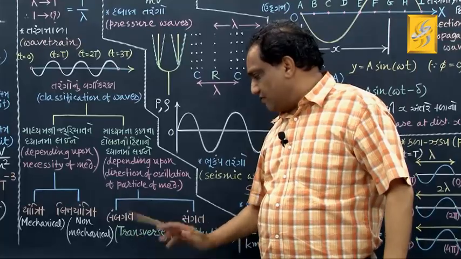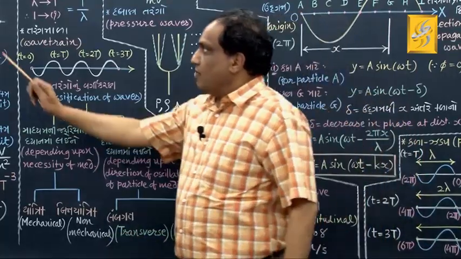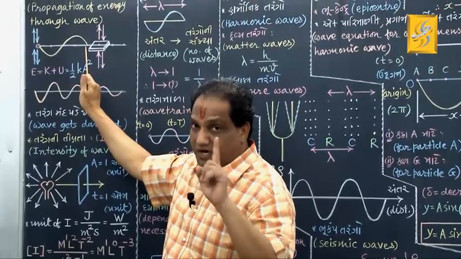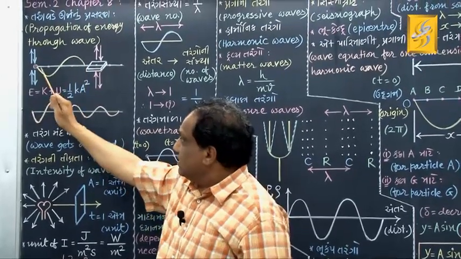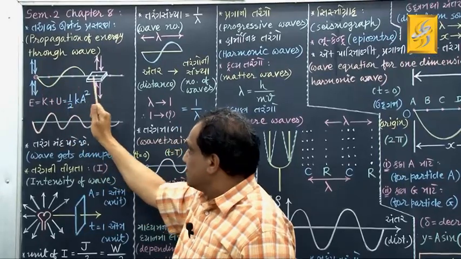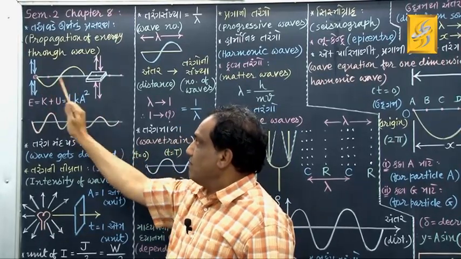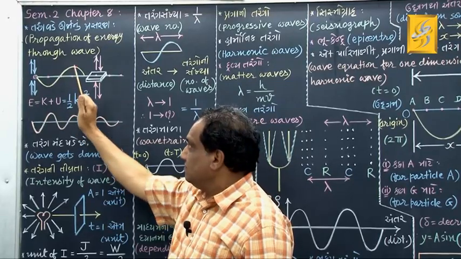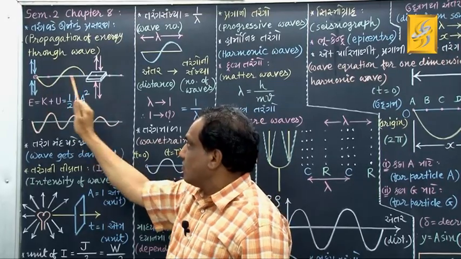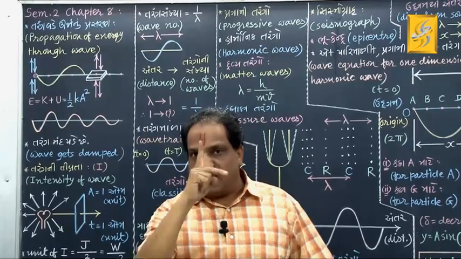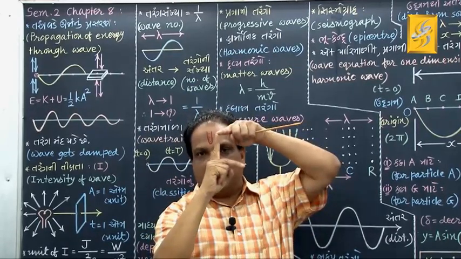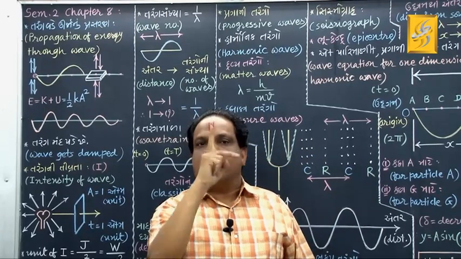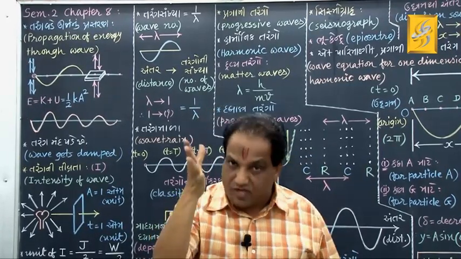What about transverse waves? See, during the propagation of a wave through a string which is stretched and kept under proper tension, you can see the direction of propagation of the wave is this, but during that propagation what happens? The particles of the string oscillate up and down, that is, perpendicular to the direction of propagation of the wave. Such a wave is called a transverse wave.